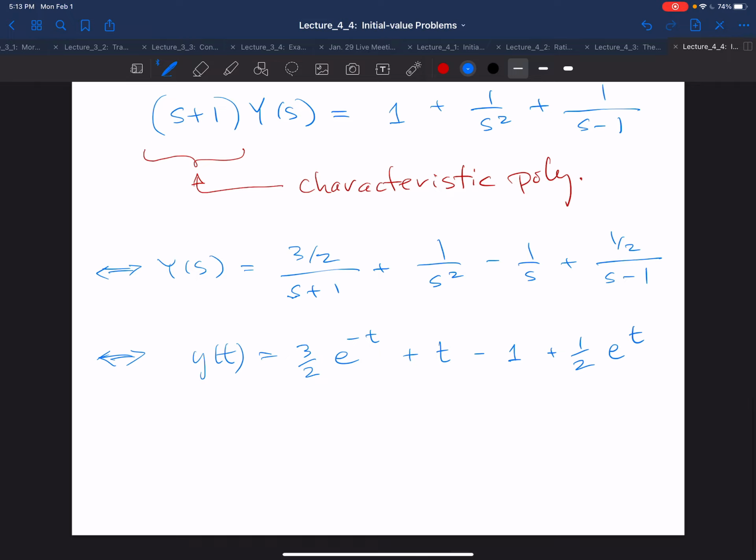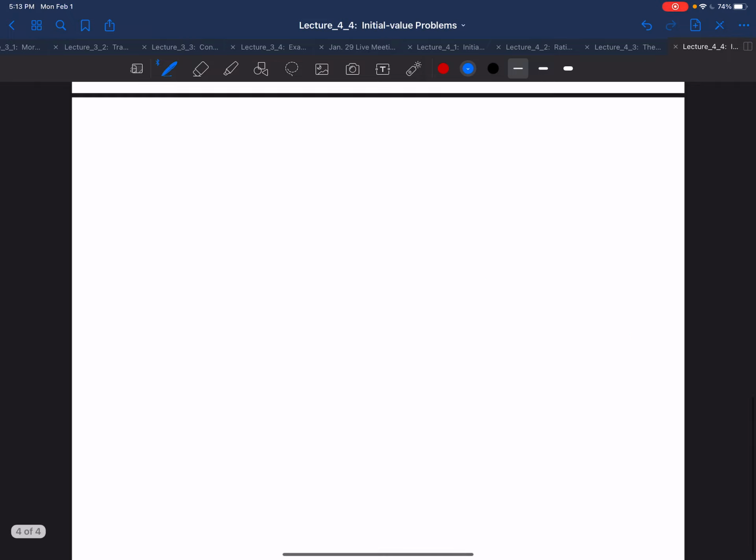Before we do that, let me just say a little bit more about this approach to solving initial value problems. We started out by saying that a linear ODE with constant coefficients is something of this form, where we have this y(t) function, and we have terms that are either y(t) or derivatives of y(t) multiplied by constant coefficients.